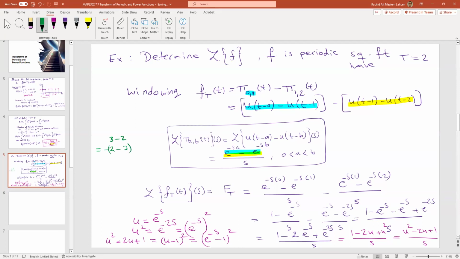But when you have 5 minus 2 squared, then 2 minus 5 squared, nothing happens. It's the same thing, because it's squared. So here we can say that this is 1 minus exponential to negative s, squared.